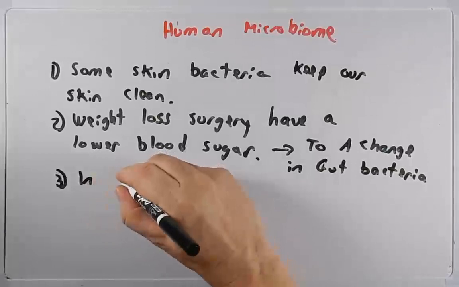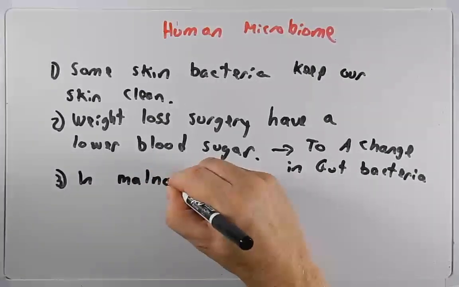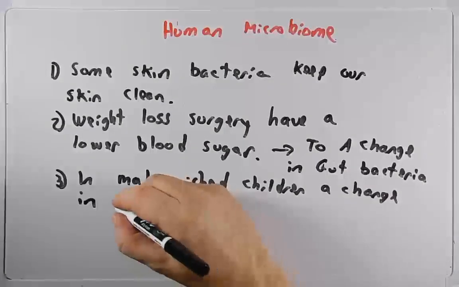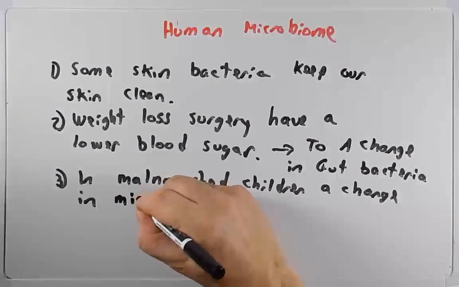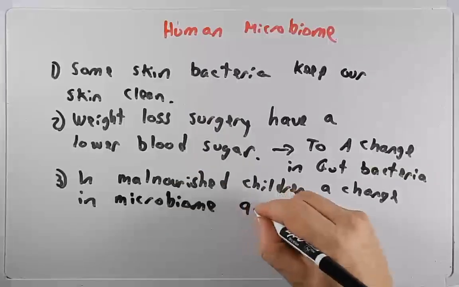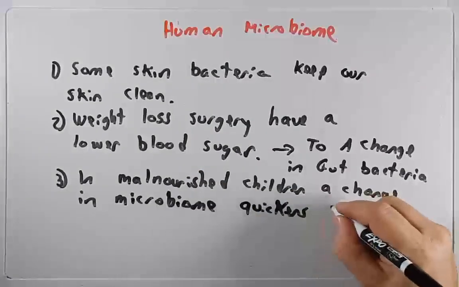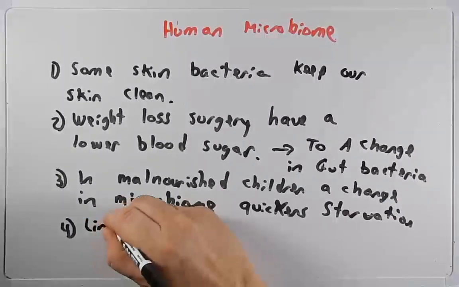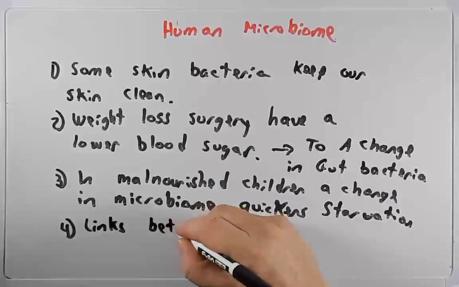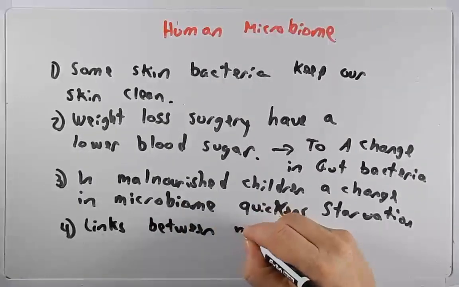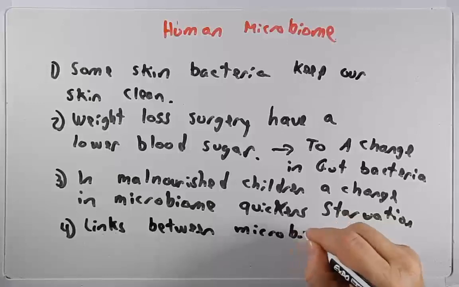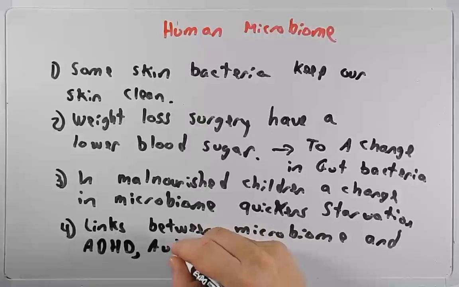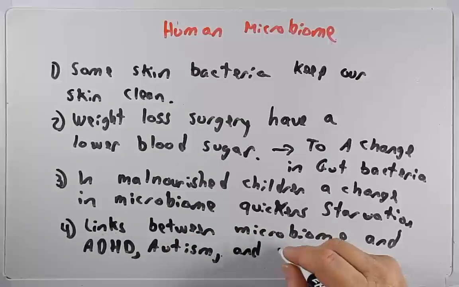In malnourished children, a change in a microbiome quickens starvation. There has also been some links between the human microbiome and various conditions like ADHD, autism, and certain behaviors.